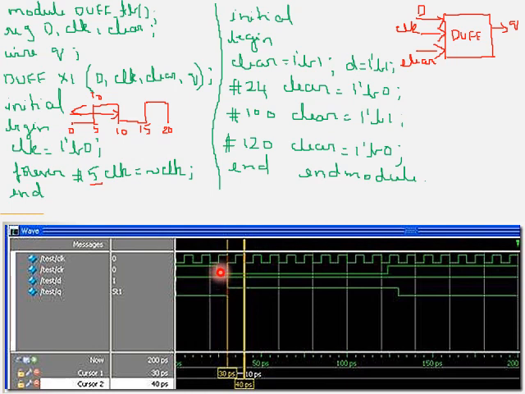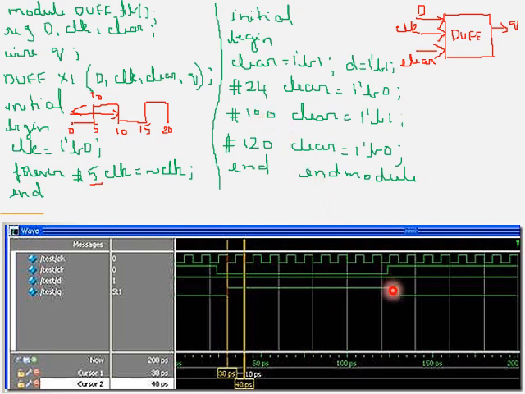Once clear has become 0, whichever is the active edge of the clock, here the active edge is the negative edge. So from this negative edge the output will go to 1. It will follow D. D is 1, that's why I am saying it will go to 1. If D was 0, it would be 0. So it is the same as D.